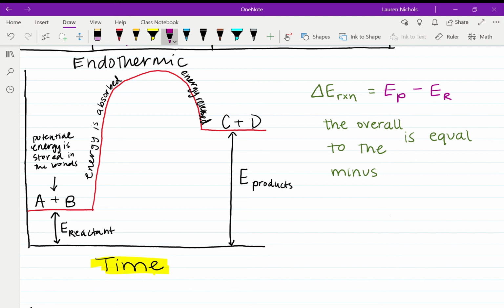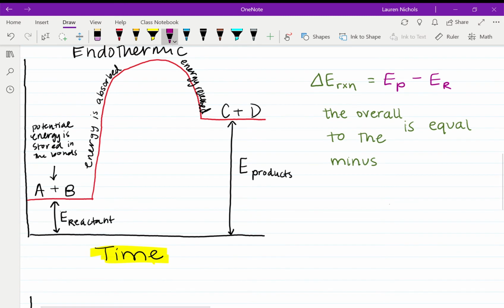And so we can see that if we were to subtract a big number minus a little number, we would get a positive number. You can also draw an arrow from your reactants to your products. And since it points up, that means you know that your overall change in energy is going to be positive because it points upwards.